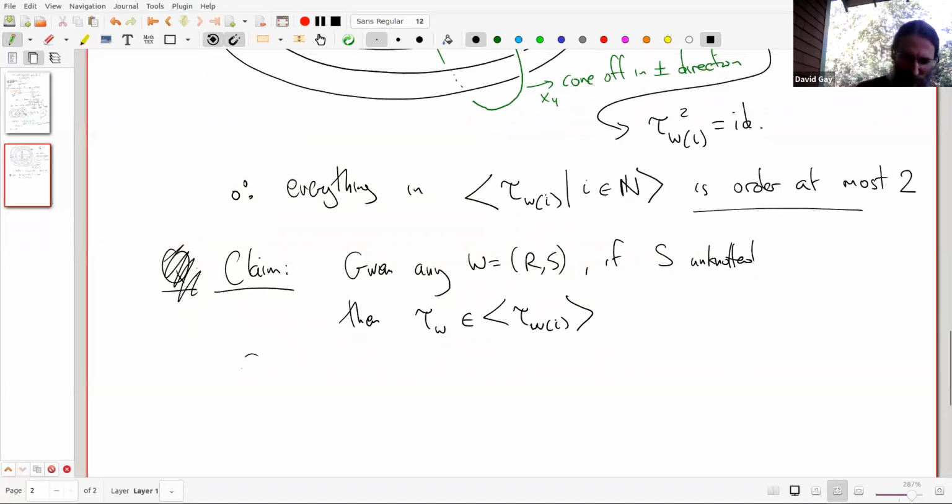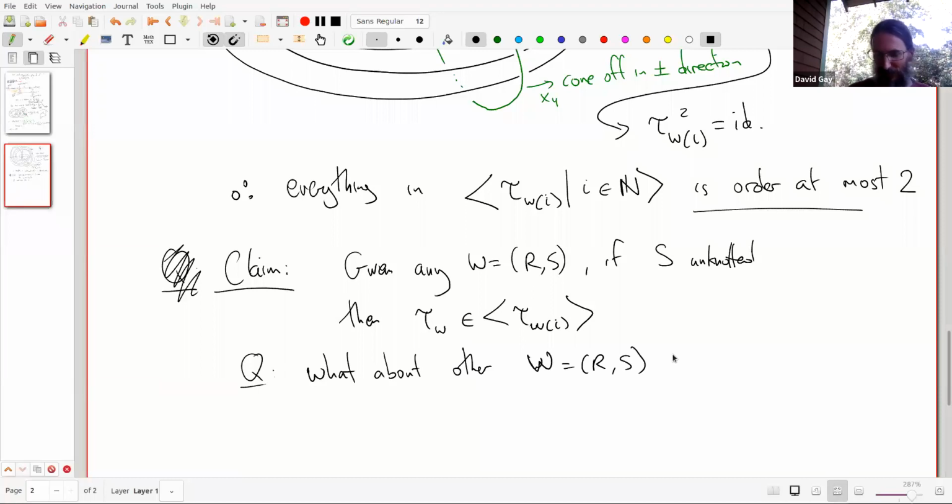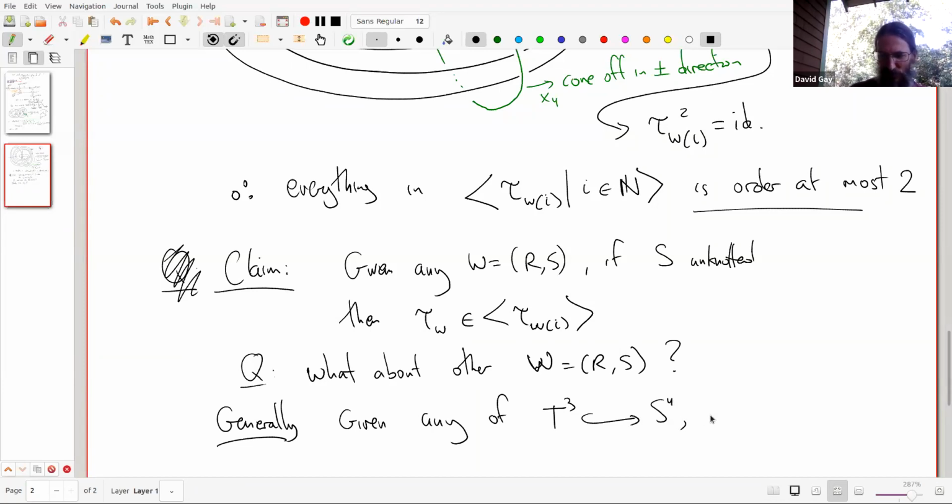But the bigger question is, what about other Montesinos twins where neither component is unknotted? And then more generally, an interesting way, kind of how I first got into this, was given any embedding of a 3 torus into S4, you get a twist along that 3 torus.